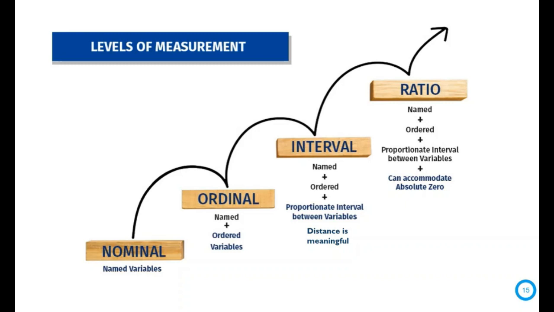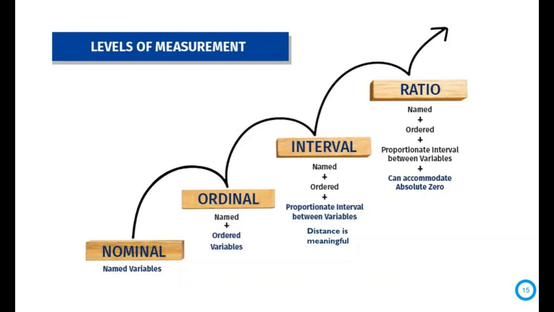Next is ordinal scale. It comes from order, meaning that we can rank them in order. So ordinal data is data that comprises categories that can be ranked in order. With ordinal scales, the order of the values is what's important, but the differences between each one are not really known.